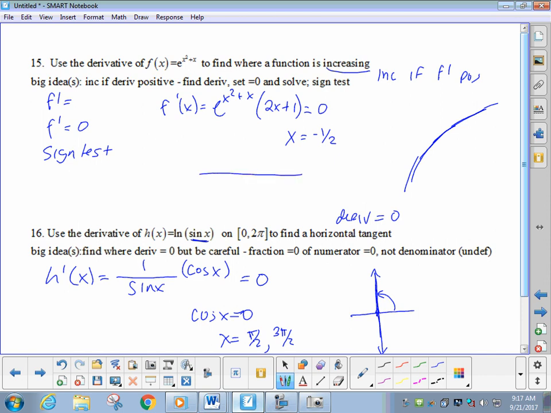In terms of sign test then, I'm going to sign test my derivative before and after negative 1/2. Before negative 1/2, say negative 2. E is always positive. What about if I put negative 2 into the 2x plus 1? That would be negative.